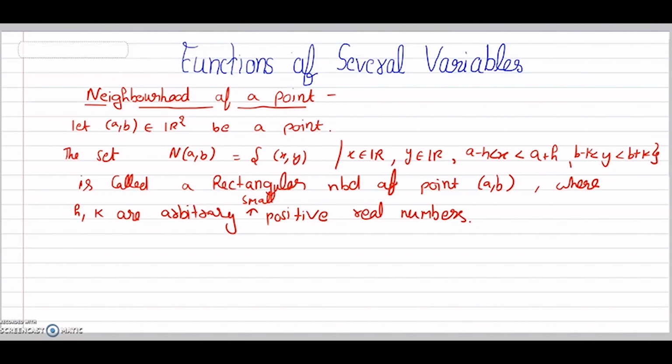And the neighborhood of a point (a, b) is denoted by NBD of (a, b). ठीक है.